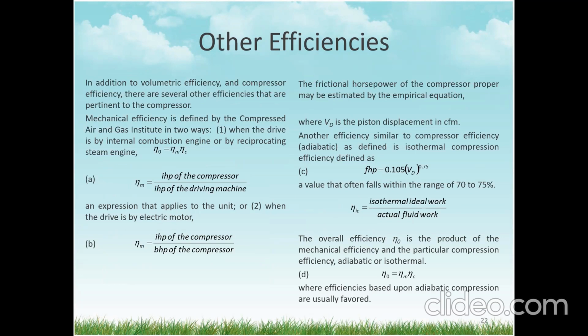One, when the drive is by internal combustion engine or by reciprocating engine, N sub O is equal to N sub M or N sub C. So, N sub M is IHP of the compressor divided by IHP of the driving machine, an expression that applies to the unit. Or two, when the drive is by electric motor, that is IHP of compressor divided by the BHP of compressor.